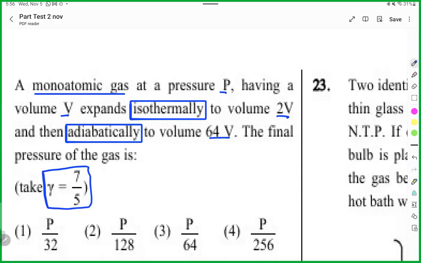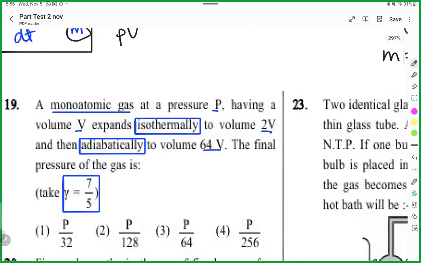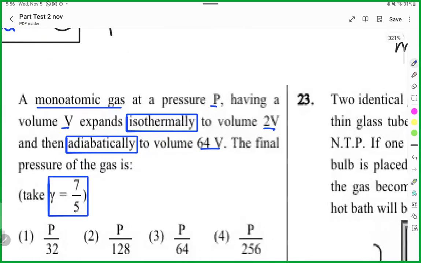For monoatomic gas, gamma value is 7 by 5. For isothermal, what is the formula, Sania? Sir, for isothermal... All of you solve the question, because at the end of this session I will see everybody's answer key, how much you did during class. Remember this.